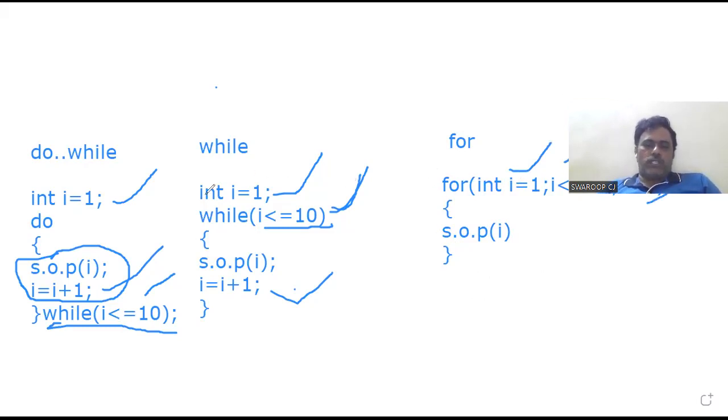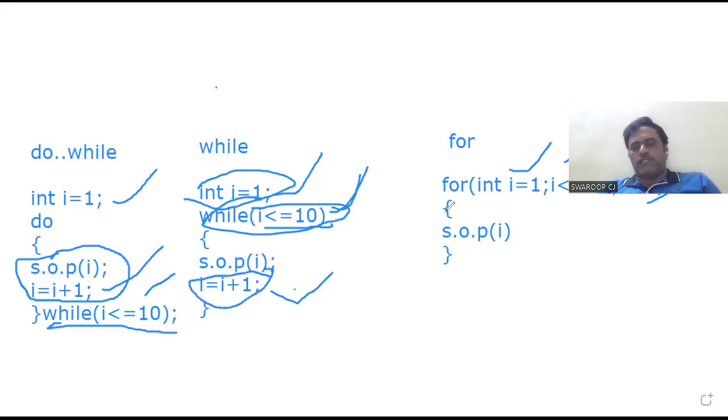So instead of using the first line for this one, the second line for this one, and the third line for this one, I am simply using a single line. So this is the advantage of using a for loop.